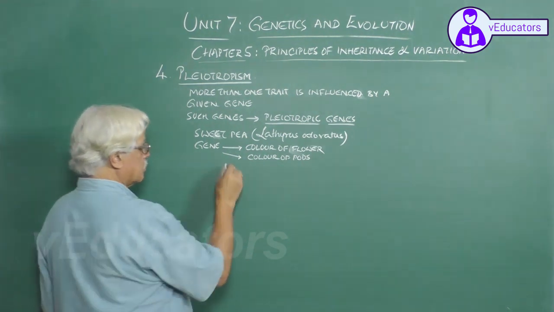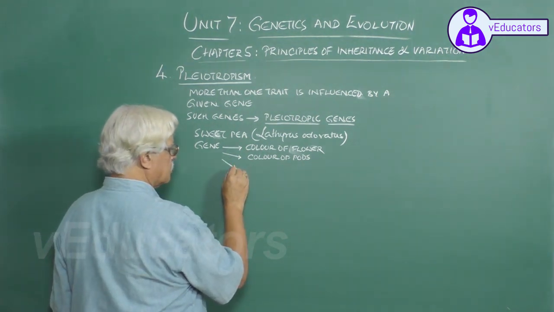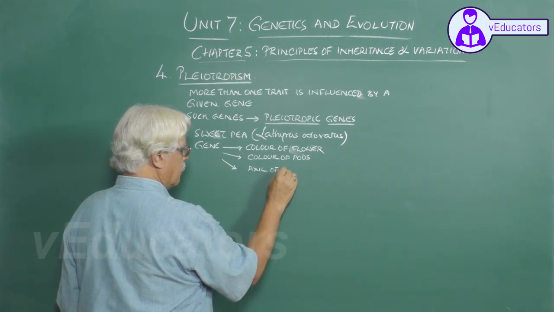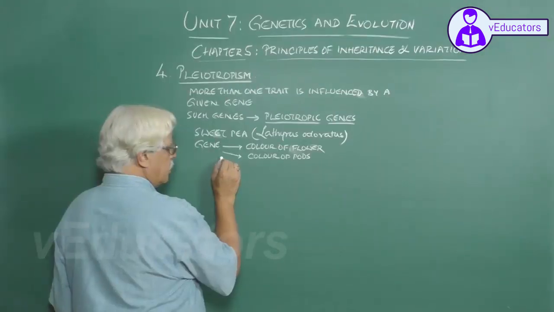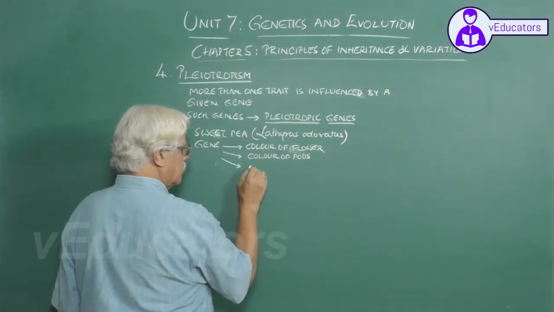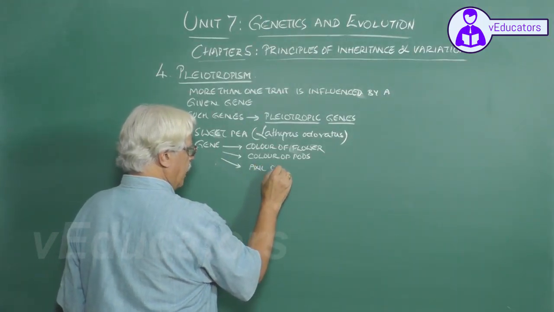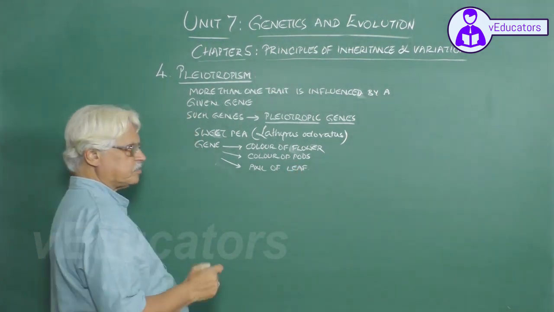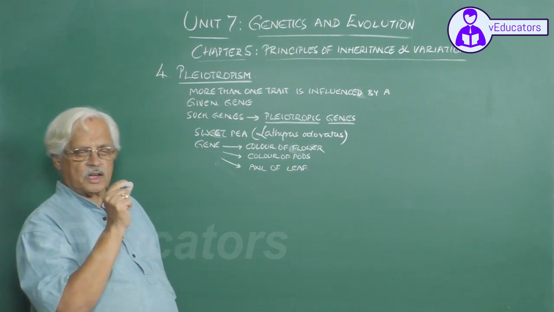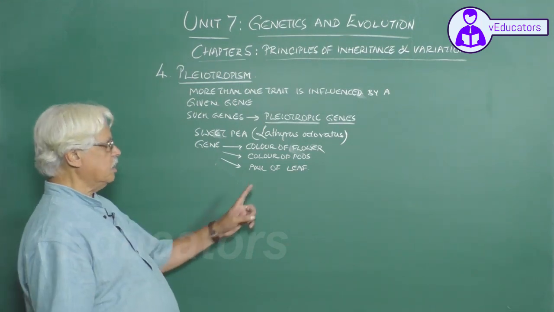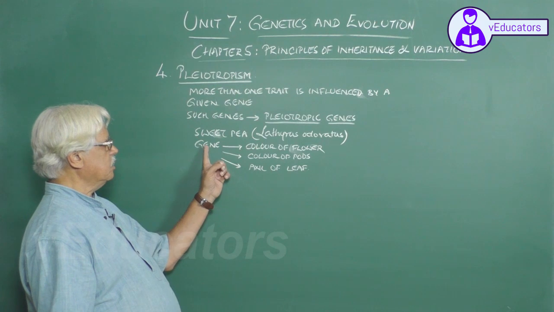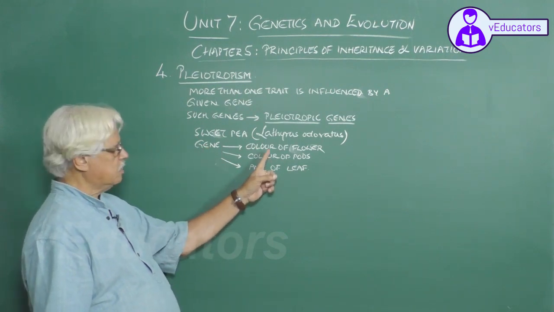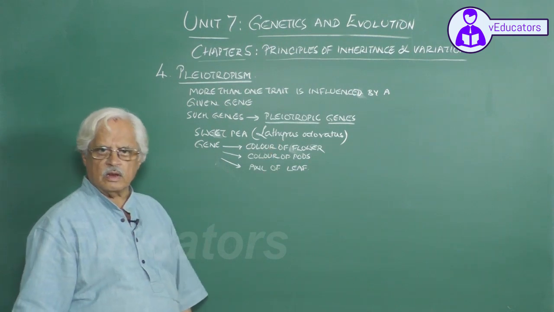And it also is known to influence the nature of the axil of the flower. It is also known to influence the nature of the axil of the leaf. In some leaves, at the axil, a red spot may be present. The occurrence of that spot is influenced by the same gene which influences color of the pods, which also influences color of the flower.